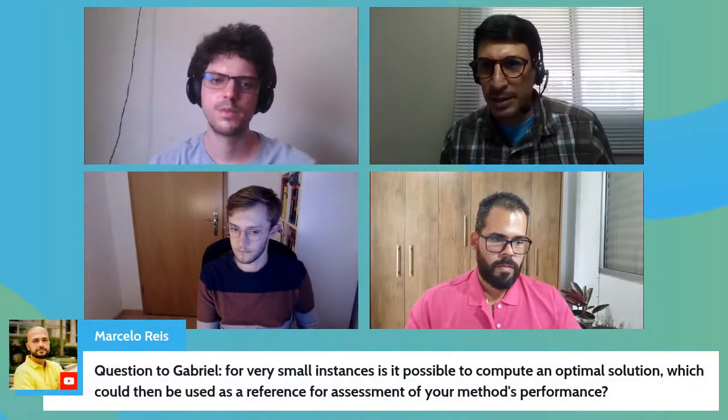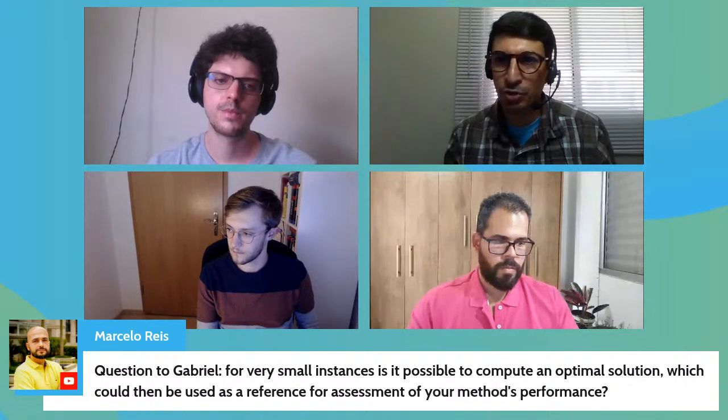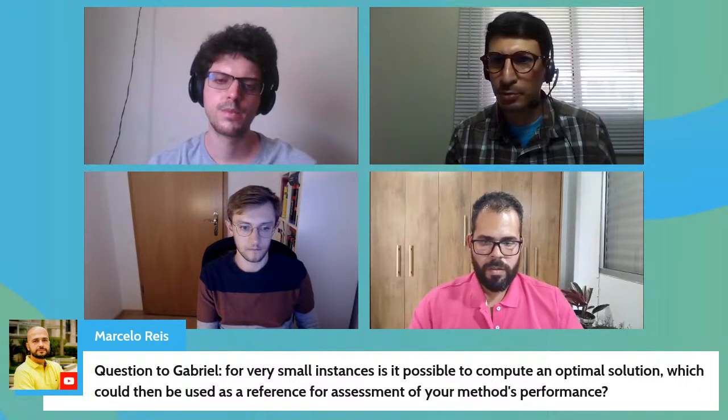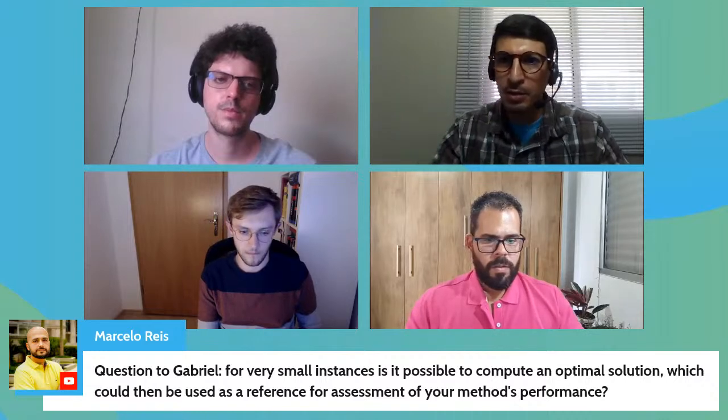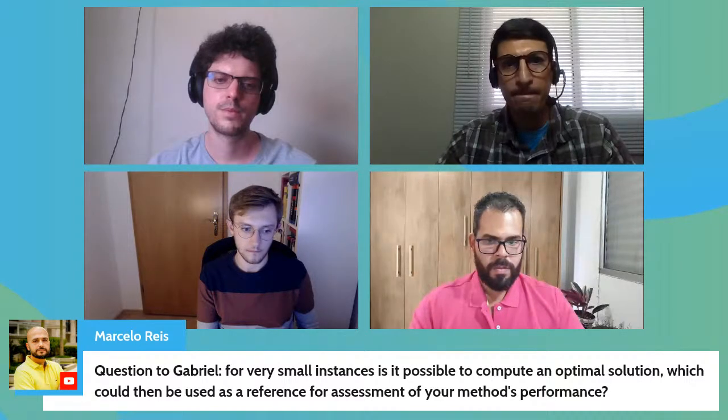I see. Marcelo Reis has another question. For a very small instance, is it possible to compute an optimal solution, which could then be used as a reference for assessment of your method's performance? Oh, yes, definitely.